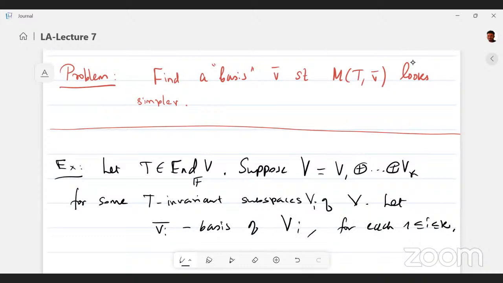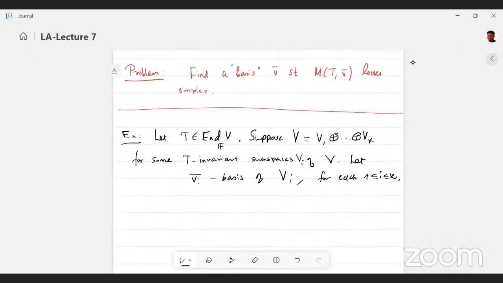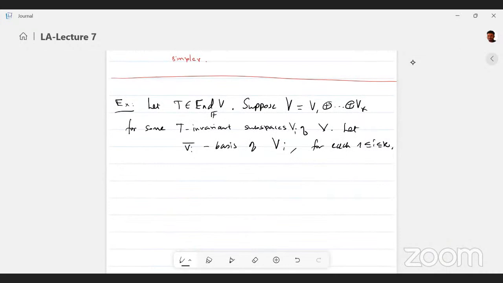Then I want to compare the matrix of T with respect to the new basis which I construct for V as the disjoint union of the V_i bar. So this new basis V bar is V1 bar disjoint union and so on, disjoint union Vk bar.